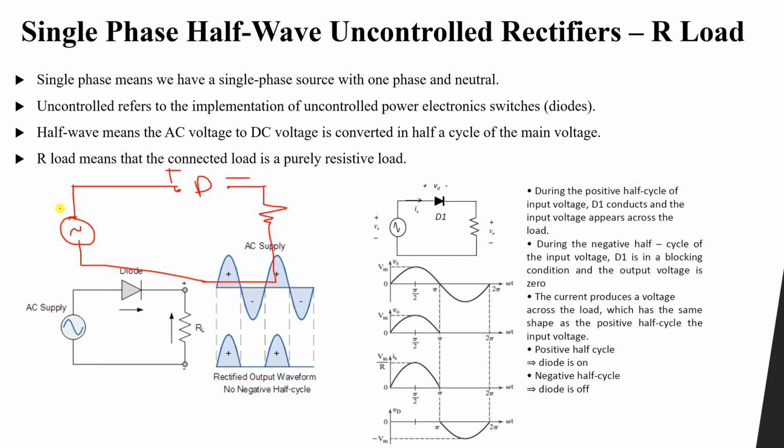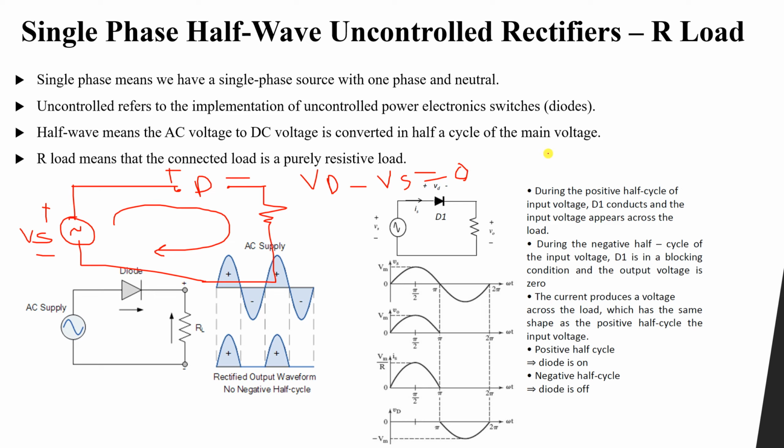If you apply a KVL here, you will find that the voltage drop across the resistor is equal to 0, and V diode minus Vs will be equal to 0. If you don't know about KVL, you have to go, of course, to the electric circuits course.